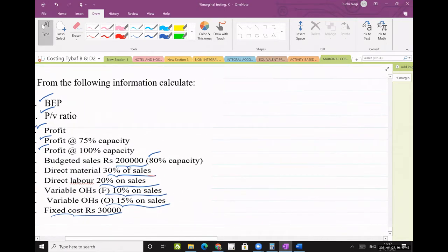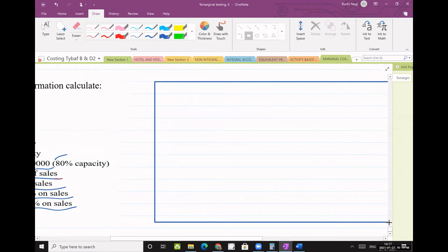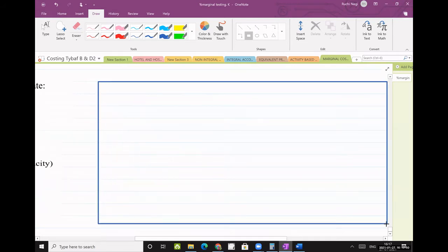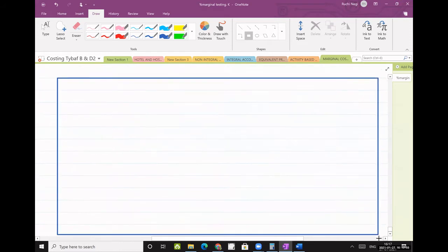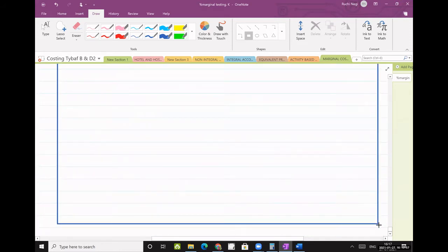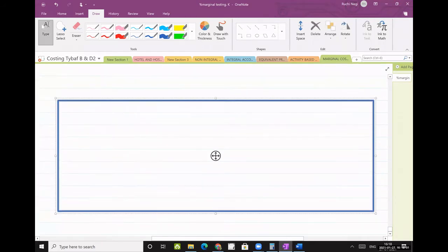So let us make a cost sheet, I mean a marginal cost sheet. Write your particulars.